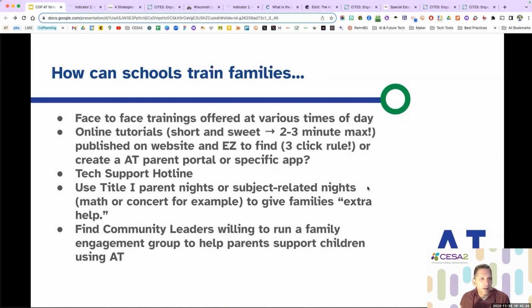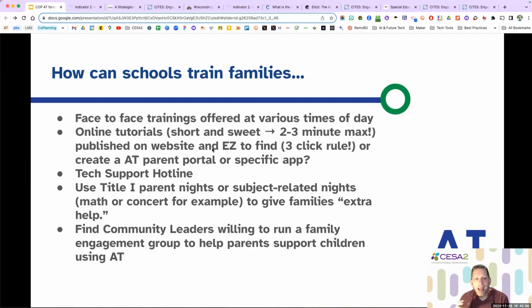So then the site's website also talks about how we can engage families by training them well. Having face-to-face trainings offered at various times of day in case parents can't make it, in the morning or after school, maybe online tutorials. I'm a huge advocate for short and sweet, 2 to 3 minutes max, published on the website, and easy to find.